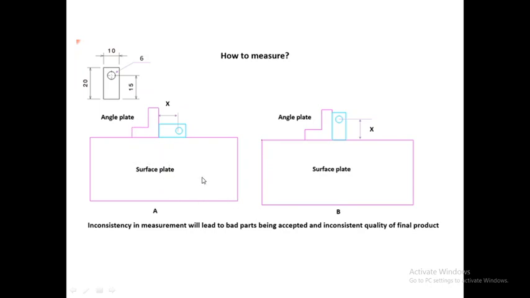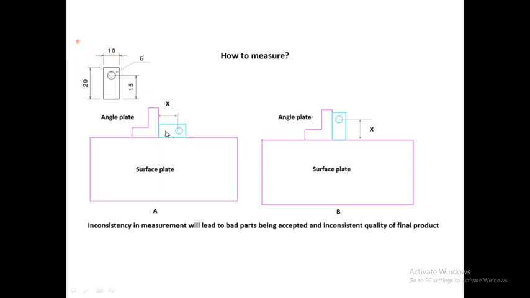A surface plate is a totally flat surface generally used by inspectors. In method A, the component is measured by putting it horizontally on the surface plate and contacting using an angle plate, and in method B, the component is put vertically on the surface plate and contacting using an angle plate.